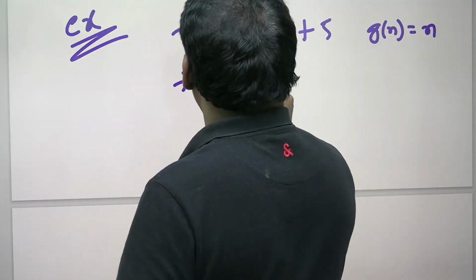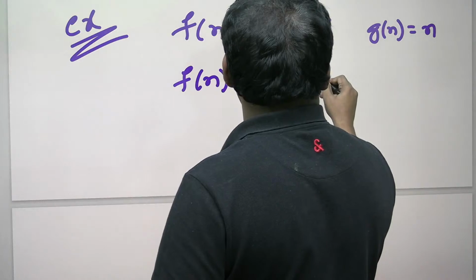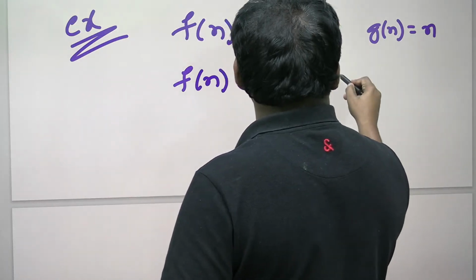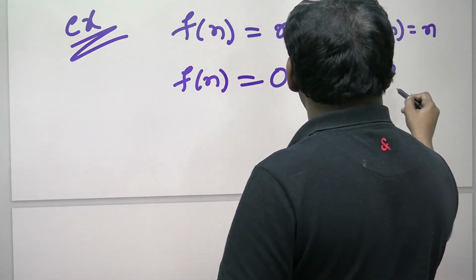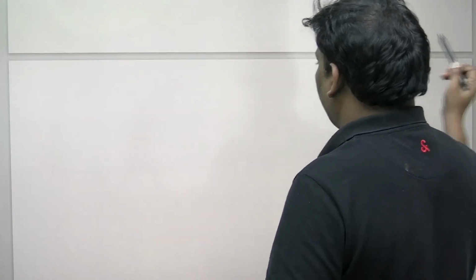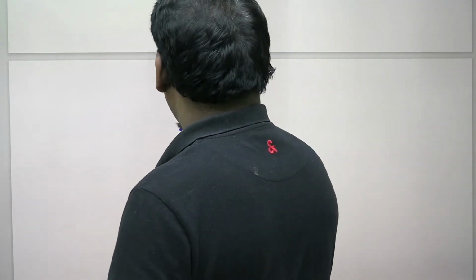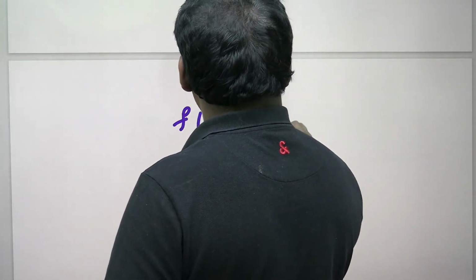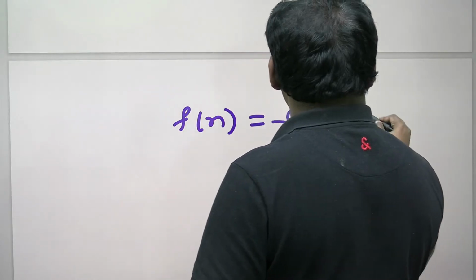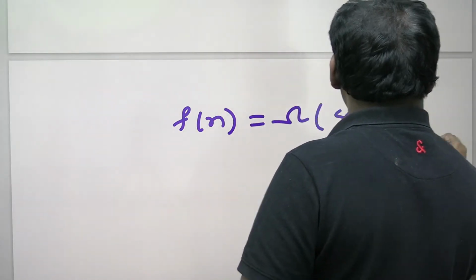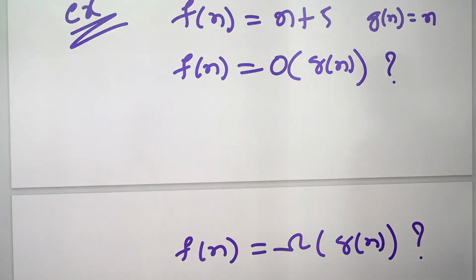Is big O of f of n equal to big O of g of n possible? And similarly, you have to try: f of n is omega of g of n. Is it possible? Can you check both? Which is possible, which is not possible?